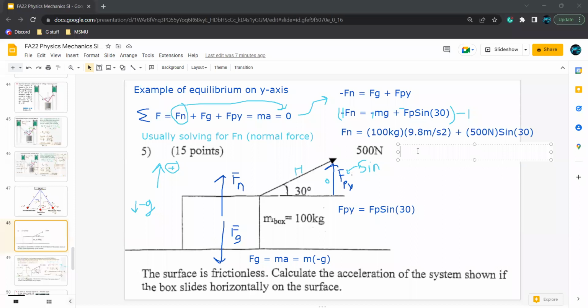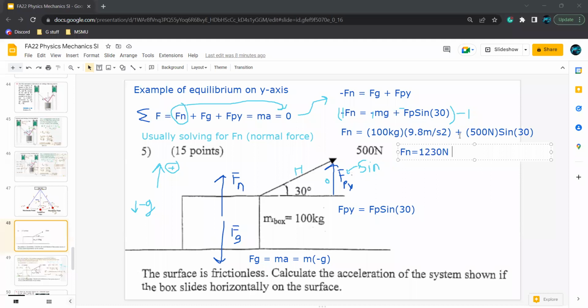Plug that in, and 100. You're gonna get 1,000, F of n is equal to 1,230. Oh wait, no, because this should be negative.